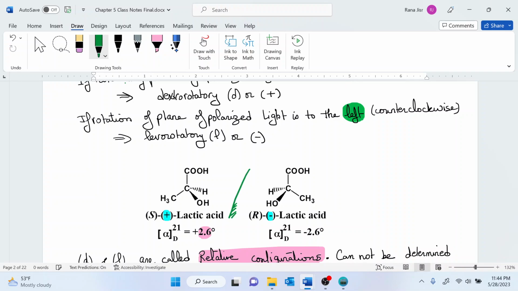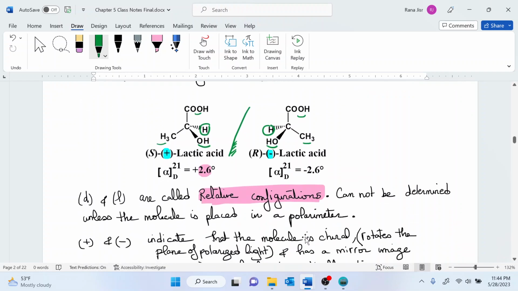I can easily see that I'm seeing a reflection there. Hydrogen stays behind, the OH is in front, and the CH3 and the acid are in plane. So its image will rotate the plane of polarized light at the same angle, 2.6, but in the opposite direction. So it's going to be a negative sign, which is levorotatory.